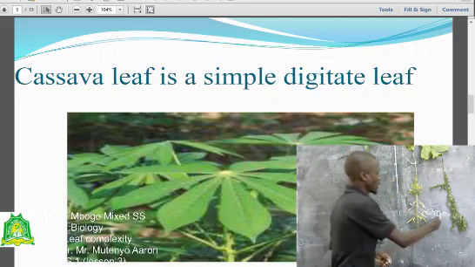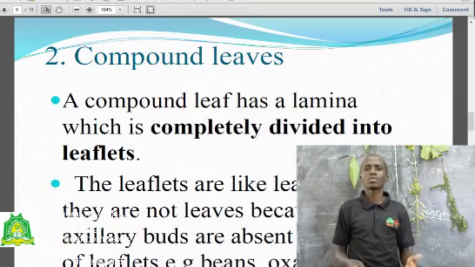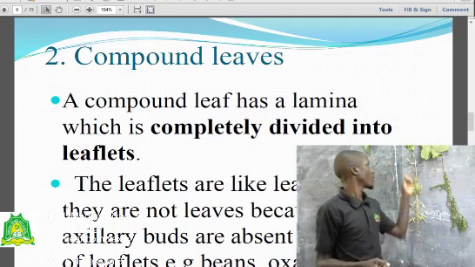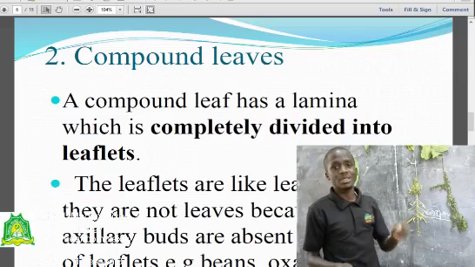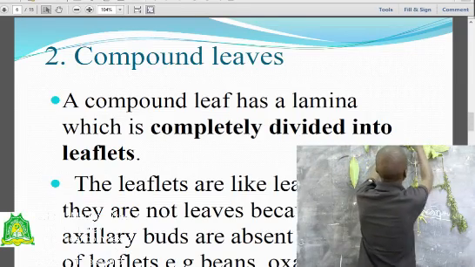So we are going to take a deeper look into compound leaves. Why are we emphasizing these compound leaves? I've already told you their lamina is divided. Can we take an example?